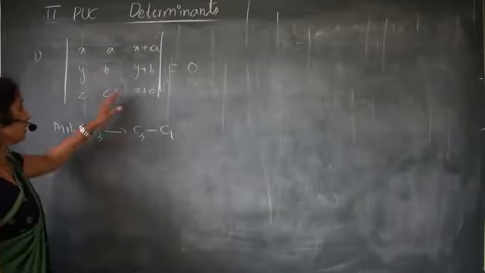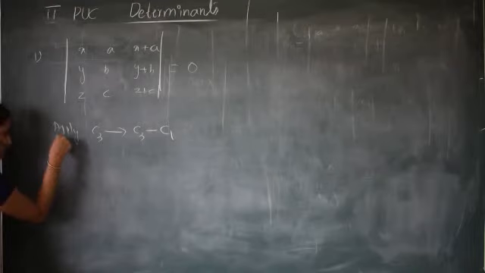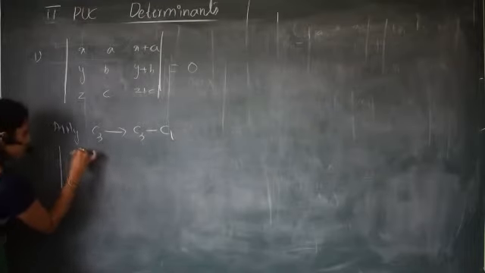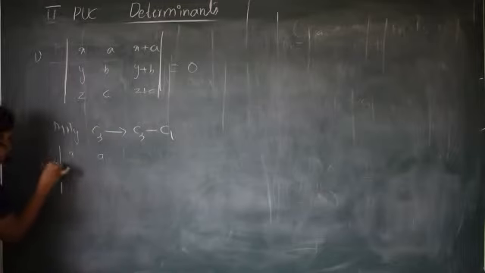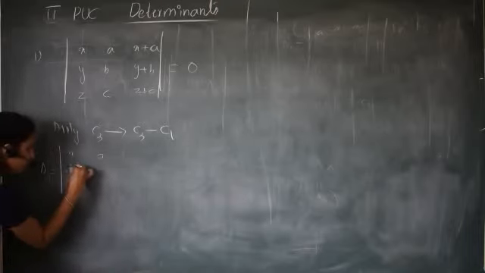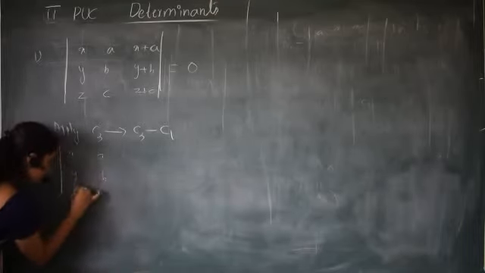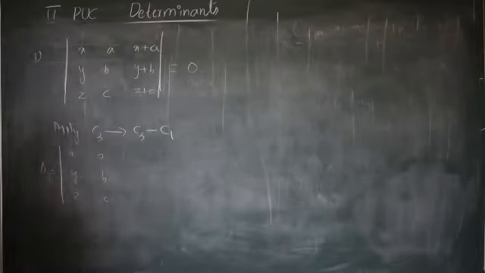So what will I get? C3 minus C1. The other values are as they are. X, A, so this is delta, X, A, and the other C1 and C2 are the same. Y, B, Z, C. I have written C1 and C2. Only C3 changes.